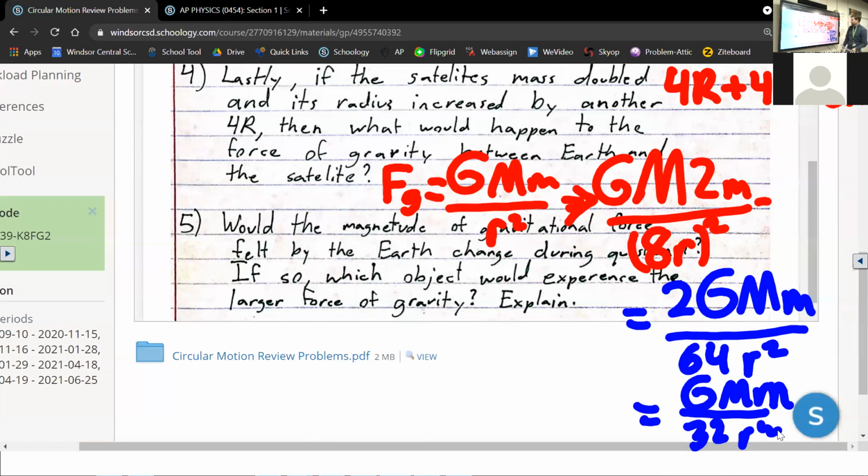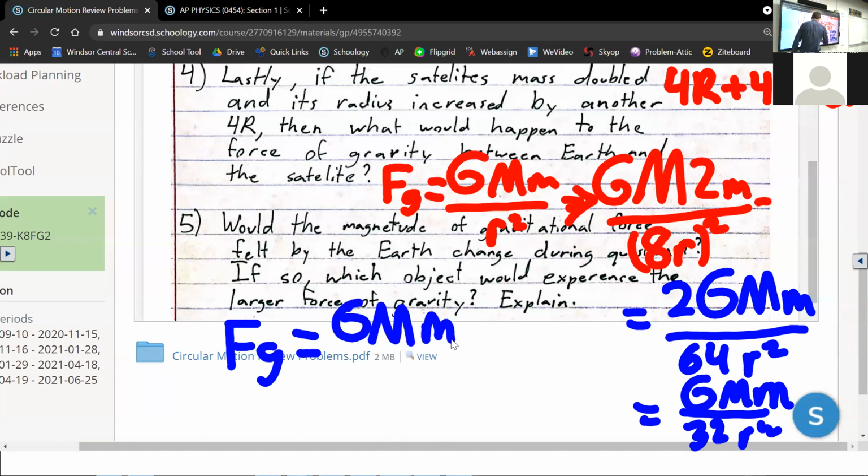So our first answer, if you plugged it in and figured out what the force of gravity was, would be G M m over 16 r squared. Okay, so what happened to it?